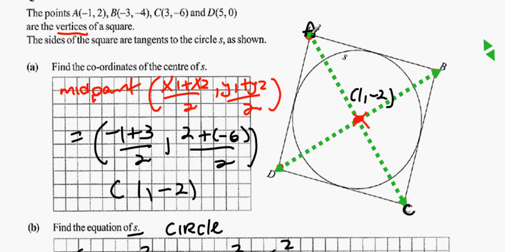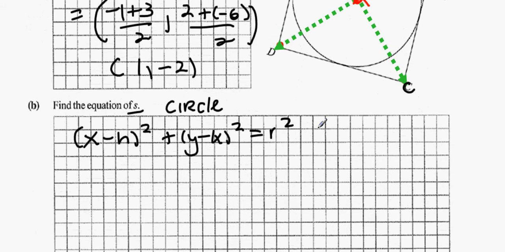So we're going to do S to A. The center is going to be (x1, y1), which is (1, minus 2), and A is (minus 1, 2), which is going to be (x2, y2).